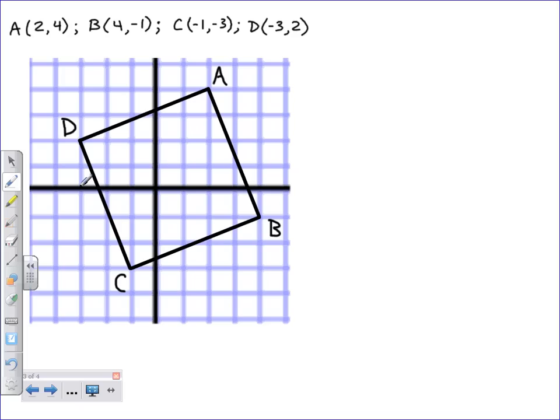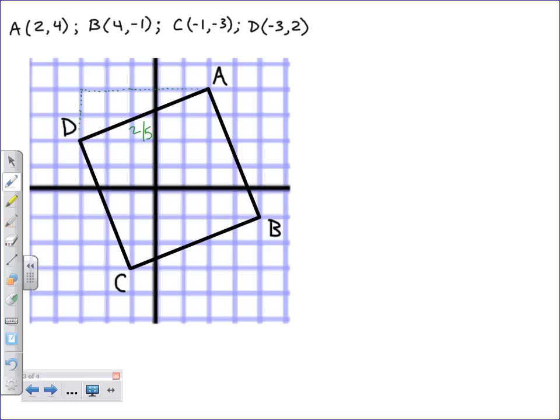So we go up 2 over 1, 2, 3, 4, 5. So it's a rise of 2, a run of 5, and it is a positive slope since it's slanting up towards the top right. We can do that for each one.